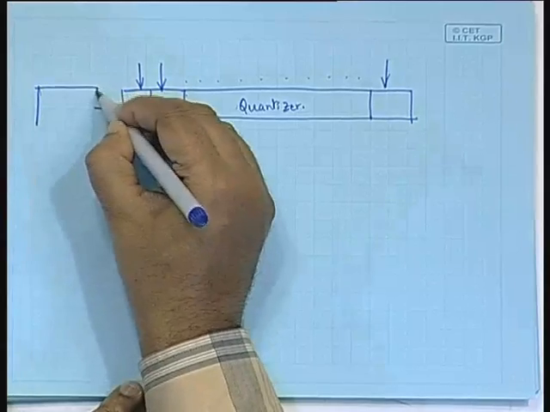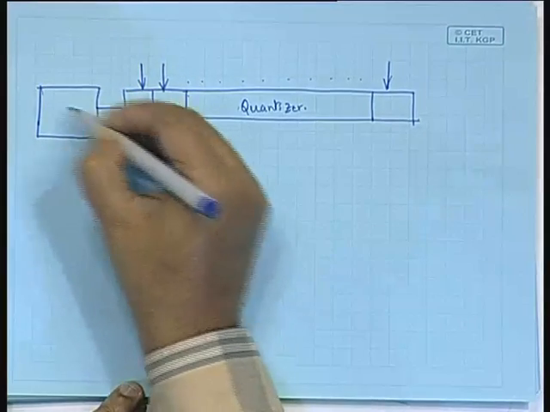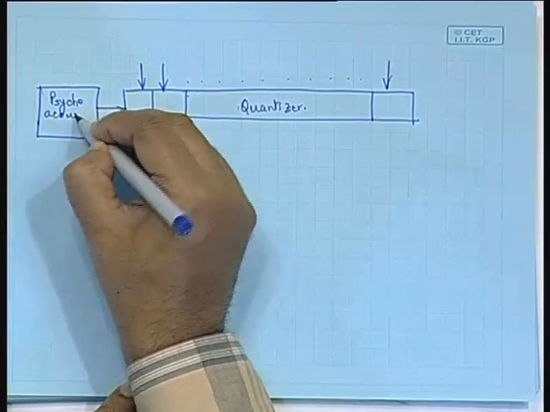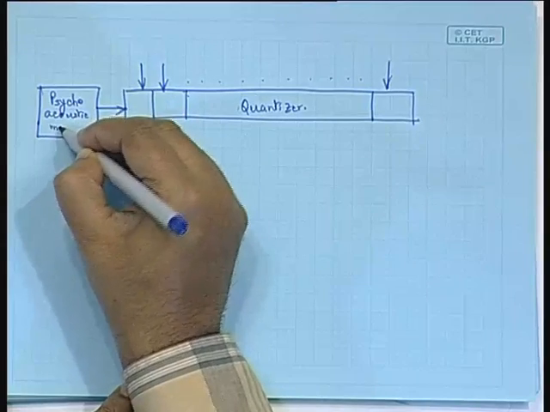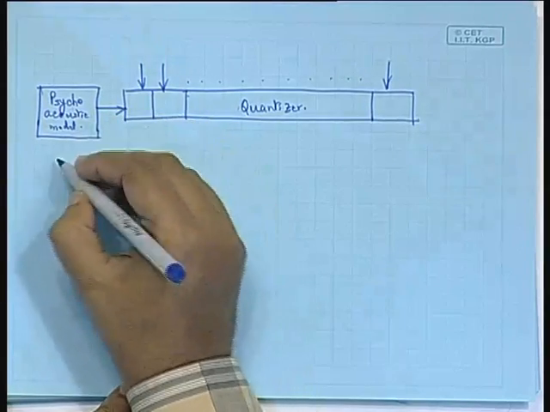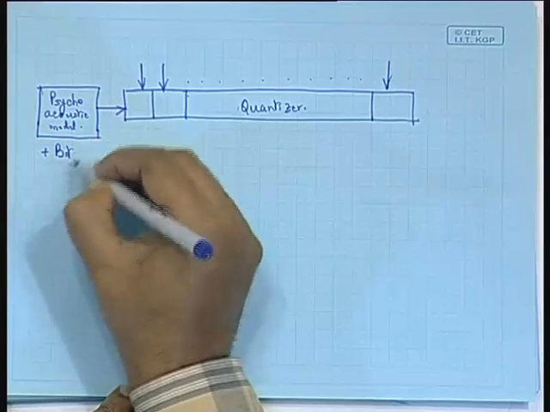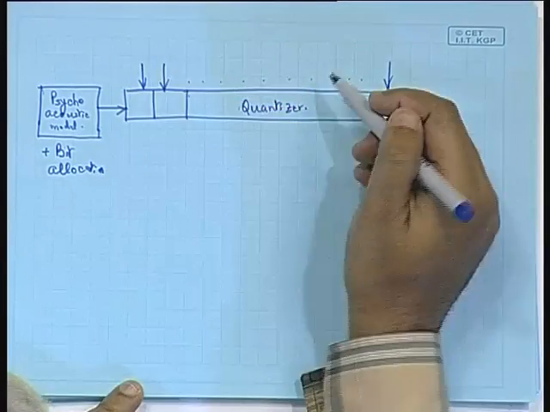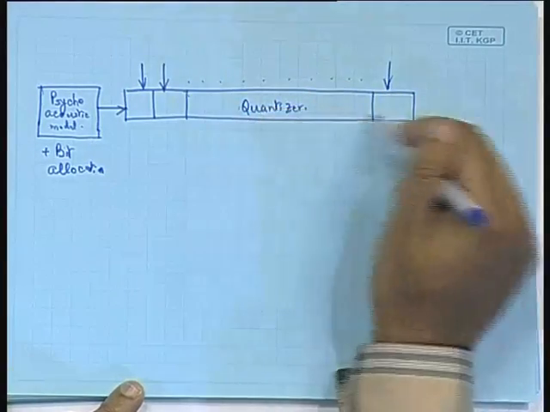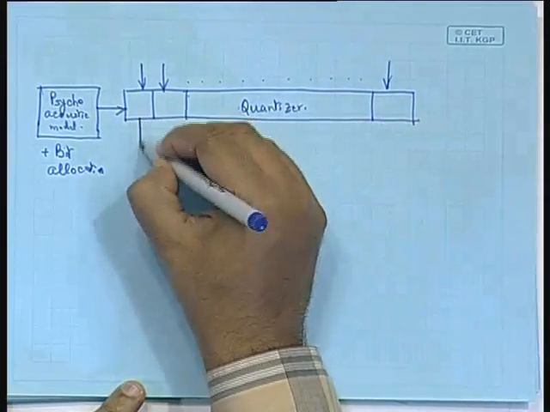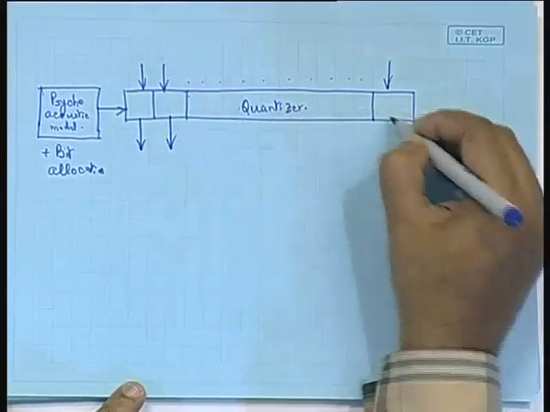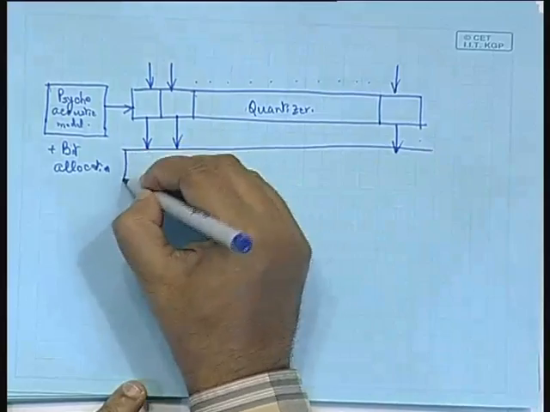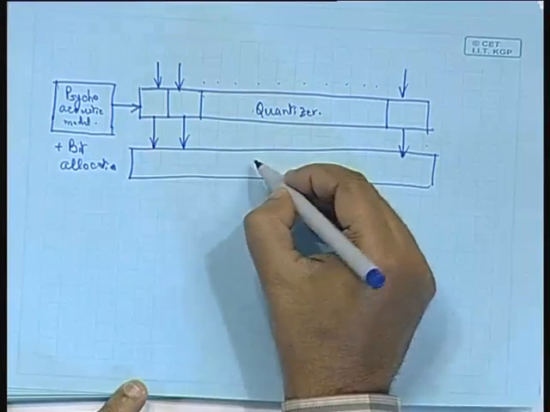So, we have a psychoacoustic model and bit allocator. The psychoacoustic model, as you know, works on the masking characteristics. So, psychoacoustic model plus bit allocation, and the scaled sample values are quantized through this quantizer, and then the quantized samples are put for encoding. So, here we obtain the encoded subband samples.